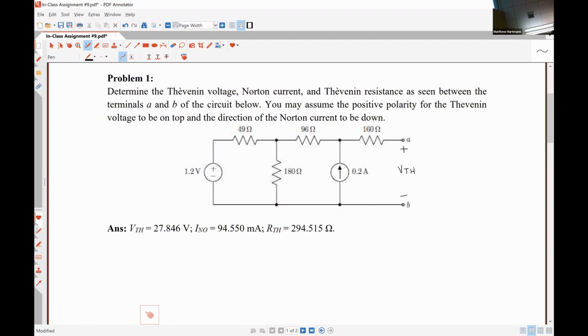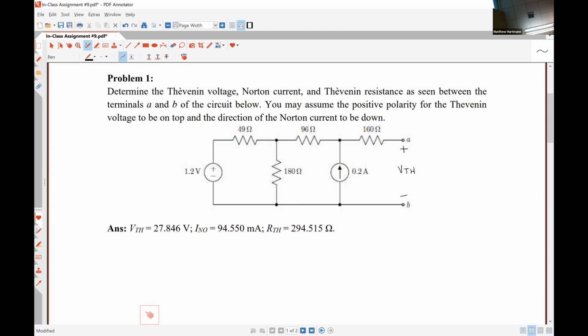this voltage, VTH. Does anybody have any suggestions on how we might go about figuring out that voltage? With a Thevenin or Norton equivalent circuit, we can find the Thevenin voltage using any circuit analysis technique that we want to.